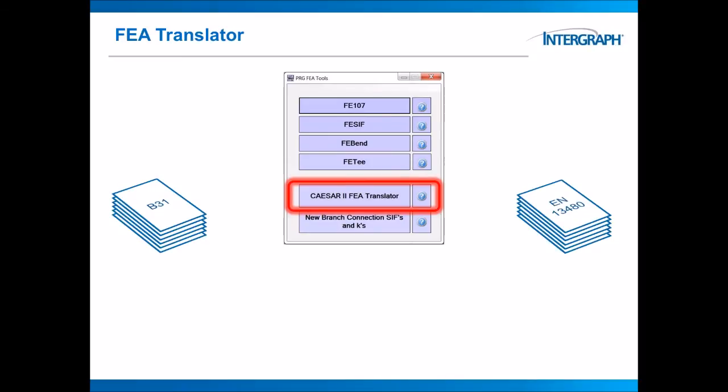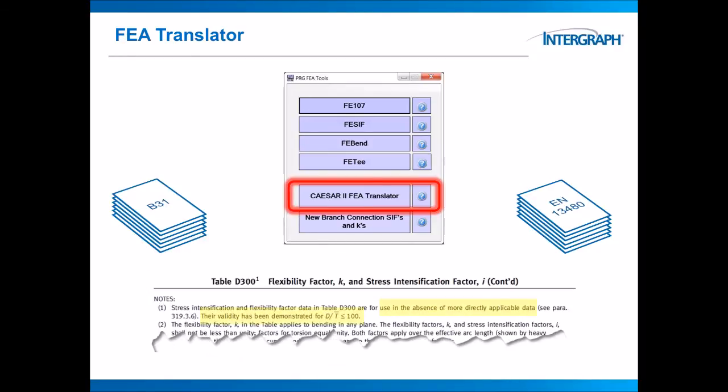Okay. So the FEA Tools program, and what we're going to focus on today is just one of the modules from the FEA Tools program, the CAESAR II FEA Translator, which is shown here. What this translator will do is very, very simple to use, as you will see shortly. It will provide more directly applicable data.